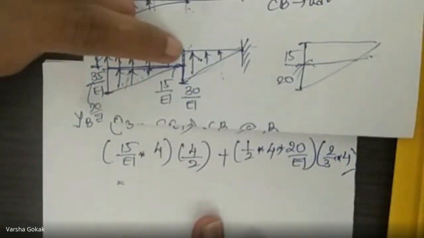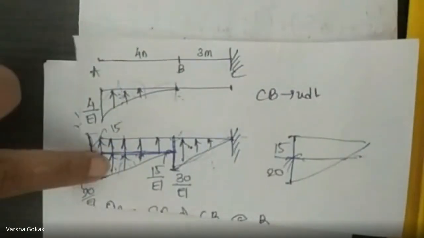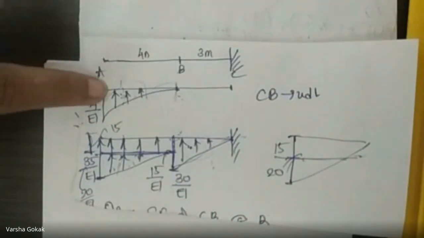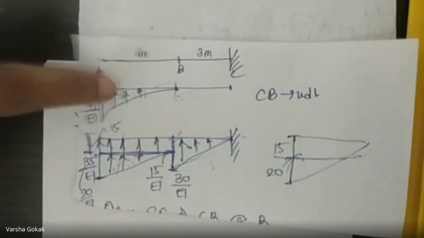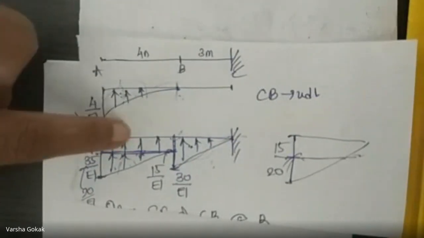I'm finding deflection at C. So I need to take 1, 2, 3 moments of those areas about point C. So first we took this 1/3 base into height into 3/4 of the distance. Then we took this rectangle 15 into 4 and its CG, and then this triangle.